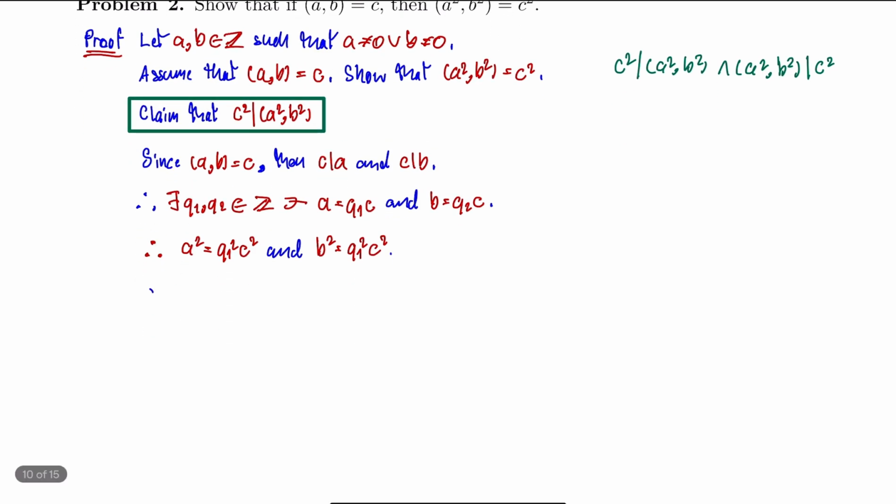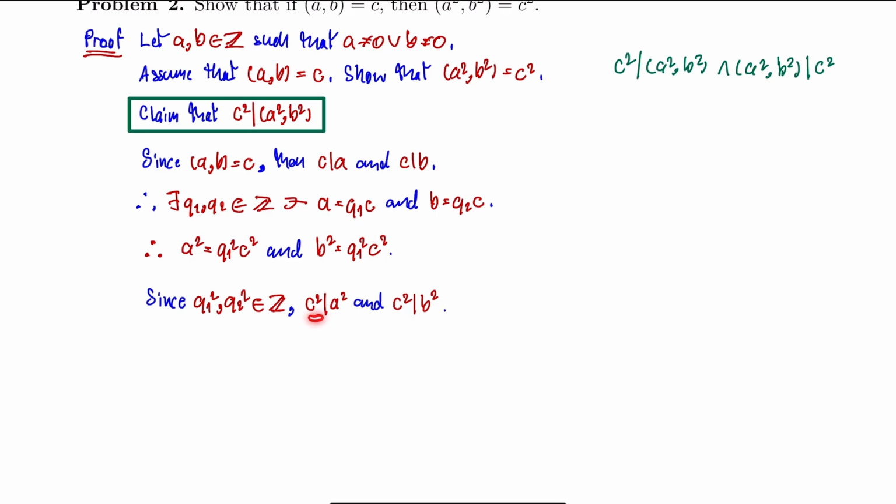Then, since q1 squared and q2 squared are integers, what do we have? We have c squared divides a squared and c squared divides b squared. Then what do we have next?